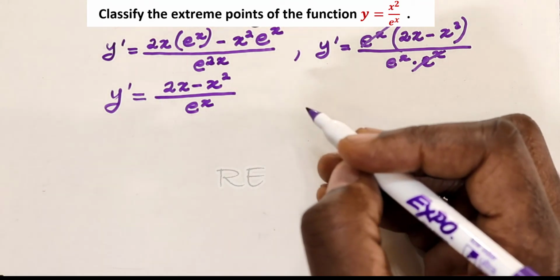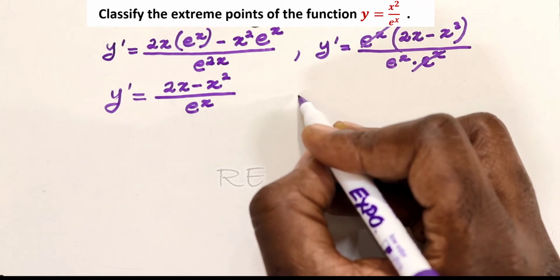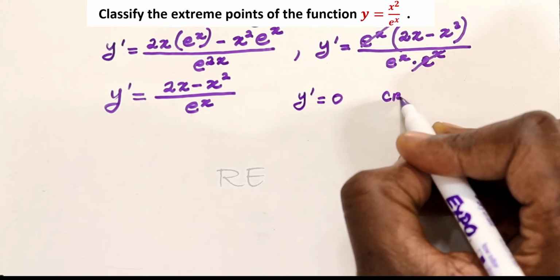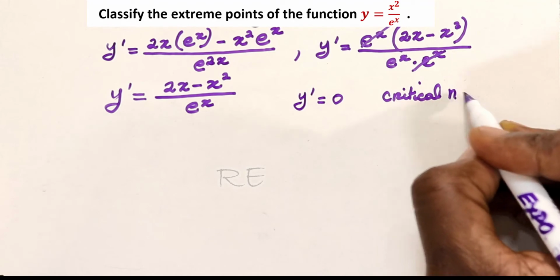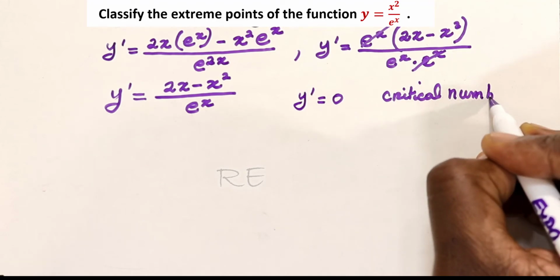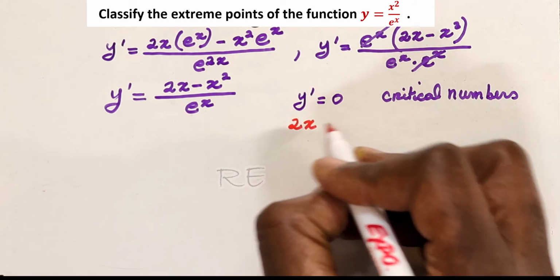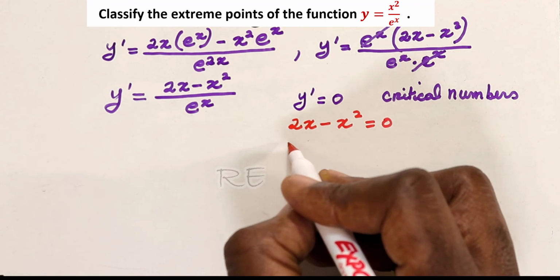Now, in order to find the critical numbers, we need to set y prime equal to 0, which means the numerator 2x minus x squared will be equal to 0.